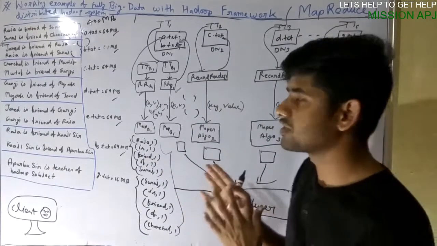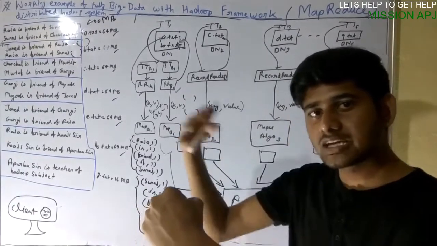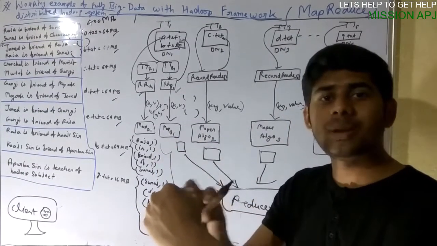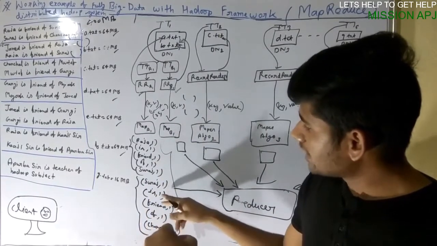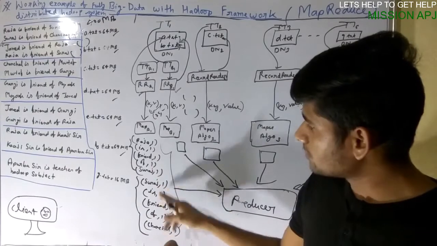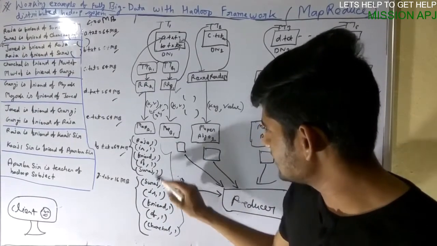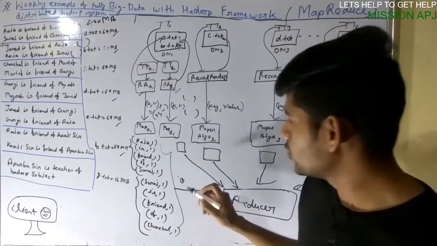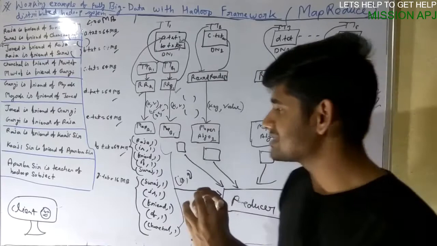So it has been shuffled. Shuffled means taking one single key and counting how many times that value has appeared. So "is" appeared 2 times, 1 plus 1 is 2. So the output of the shuffle for the key "is" will be "is, 2".